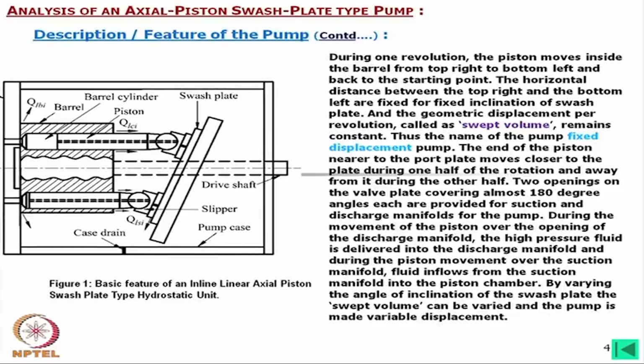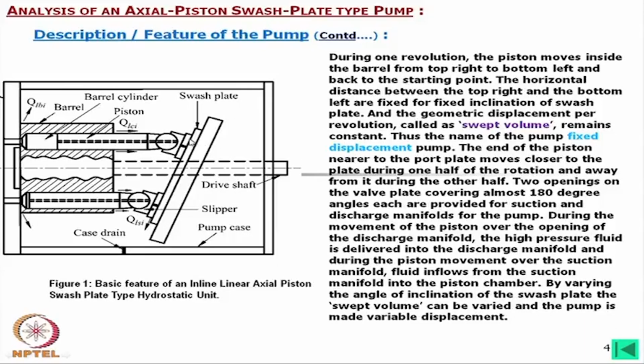Now, during one revolution, the piston moves inside the barrel from top right to bottom left. Top right means as it is on the right side, we are saying top right, and to the left. The horizontal distance between the top right and the bottom left is fixed for a fixed inclination of the swash plate. This means if we increase this inclination, this length will increase, that movement will increase, which is called stroke length.